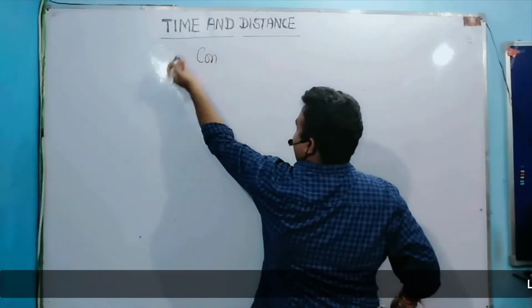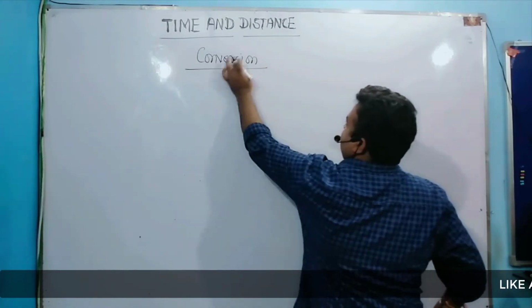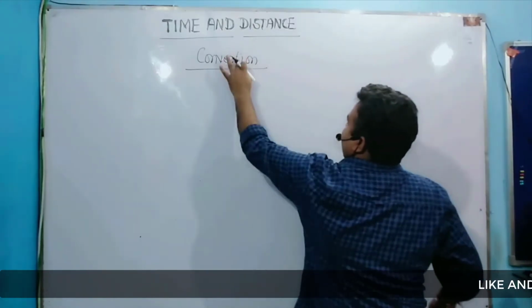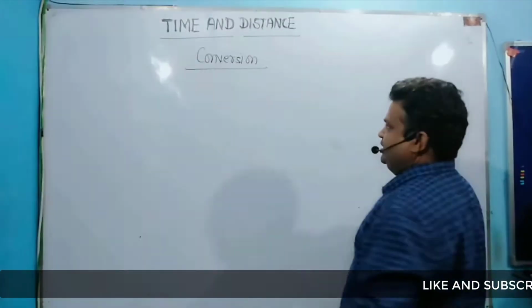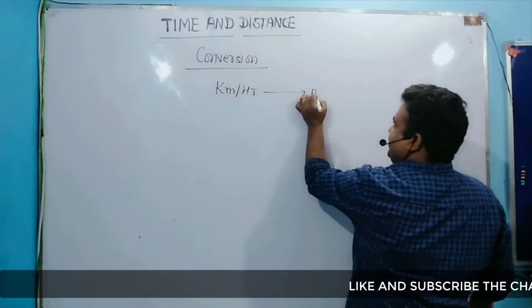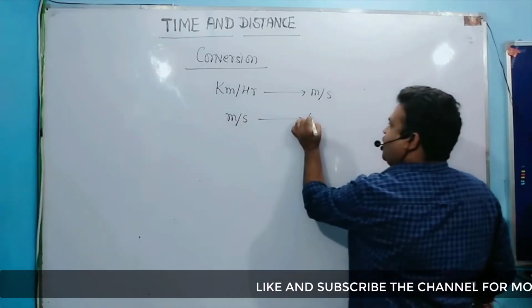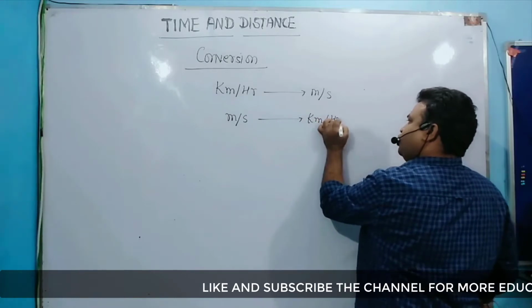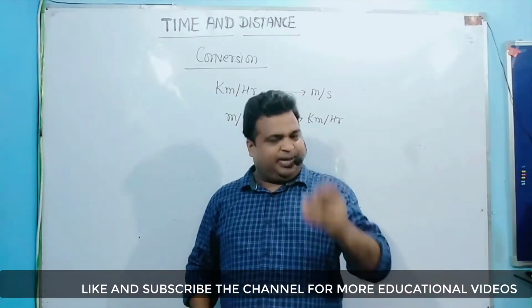So I am going to give you the conversion of how you convert kilometer per hour into meter per second, or if the given quantity is meter per second, how you will convert it into kilometer per hour. This is the fundamental thing which you need to remember.